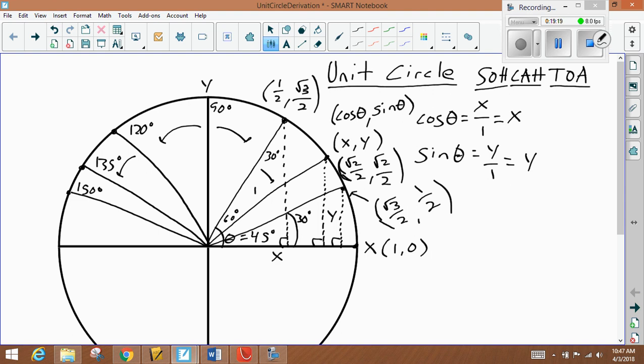Once you get all that hard work done in quadrant 1, the rest kind of unfolds, right? The x coordinate now is going to be negative, but it's the same. And the y coordinate will be positive.